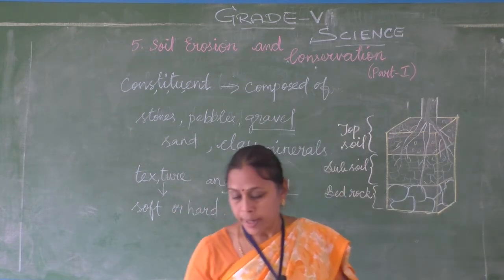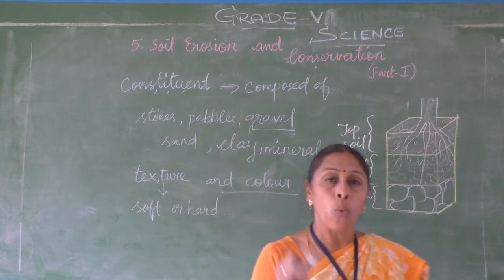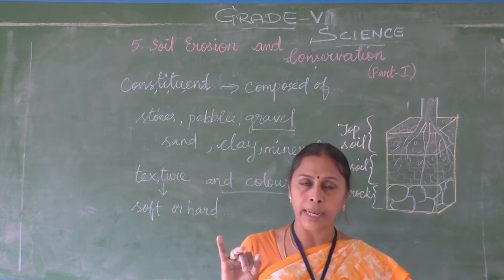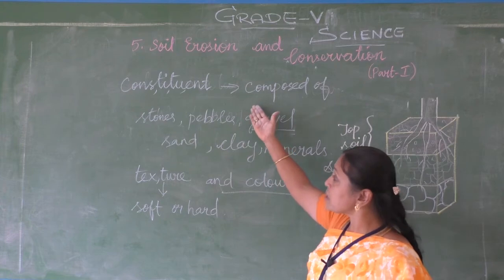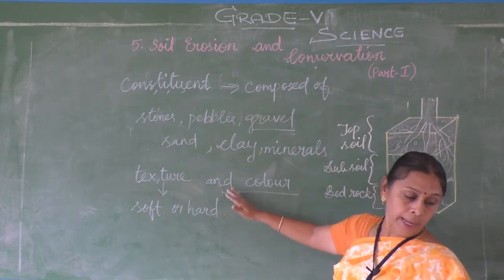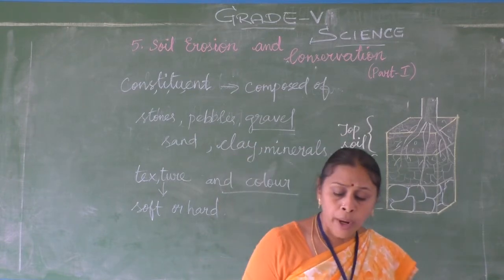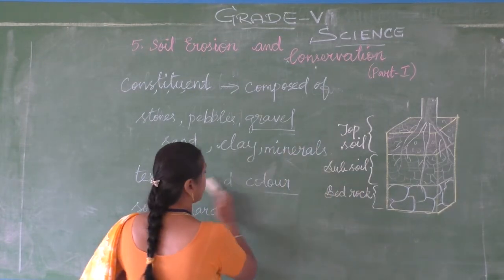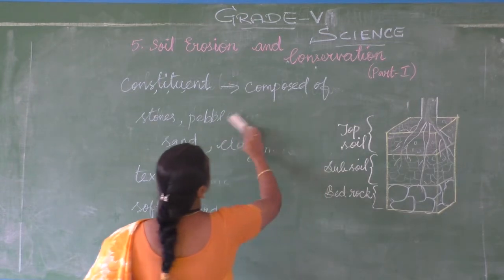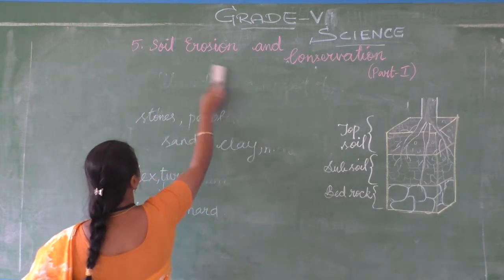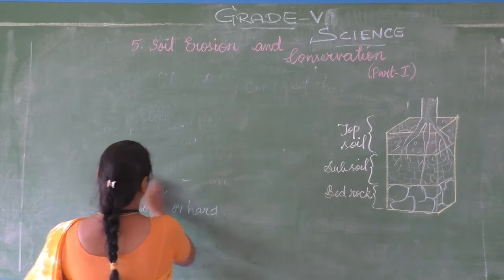Okay children, next. So we saw what is soil, how soil is formed, then the composition of soil. Next one, we are going to see about layers of soil.